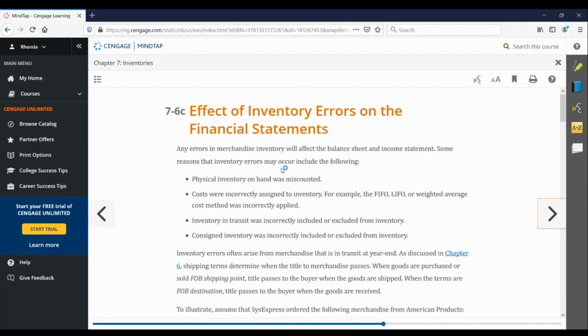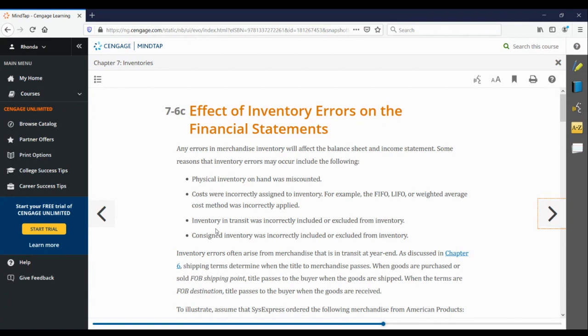And so sometimes we might have errors in our physical count of ending inventory. We might also have made an error in calculating the FIFO method or the LIFO method or the weighted average method.